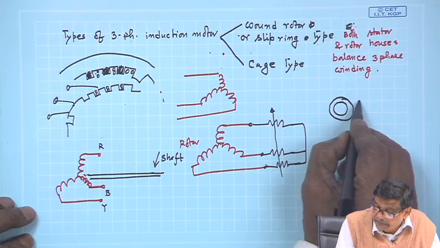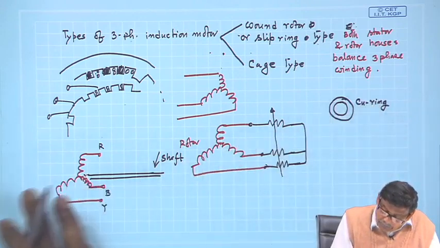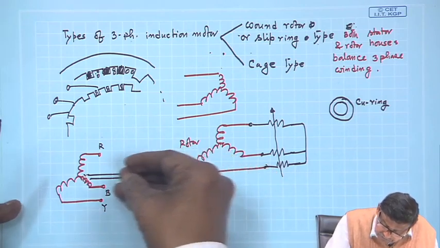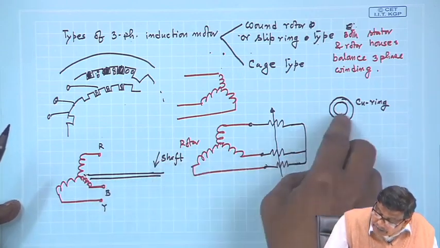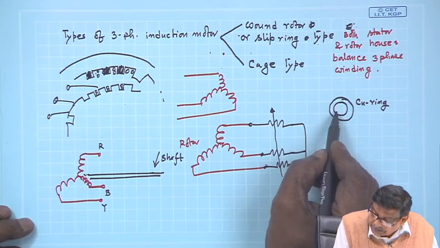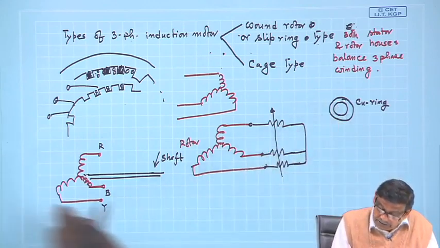continuous copper rings, and I will insert those 3 rings on this shaft. Shaft is metal, copper ring is metal. Of course, there will be some insulation between the shaft and the copper, it is understood, otherwise how.